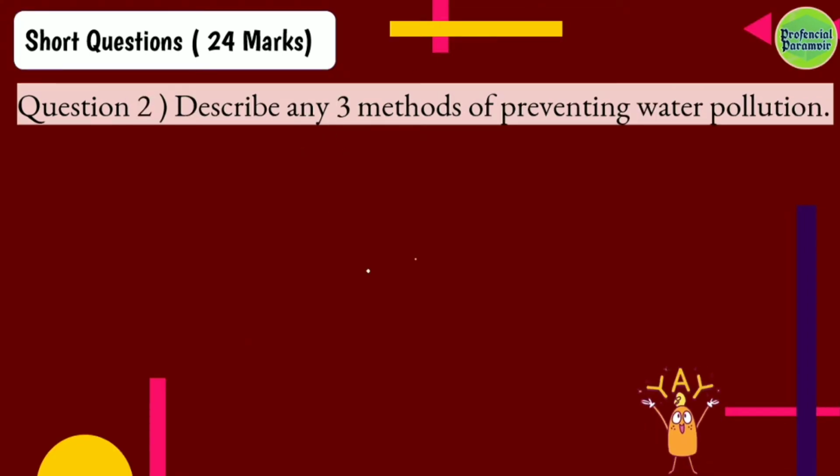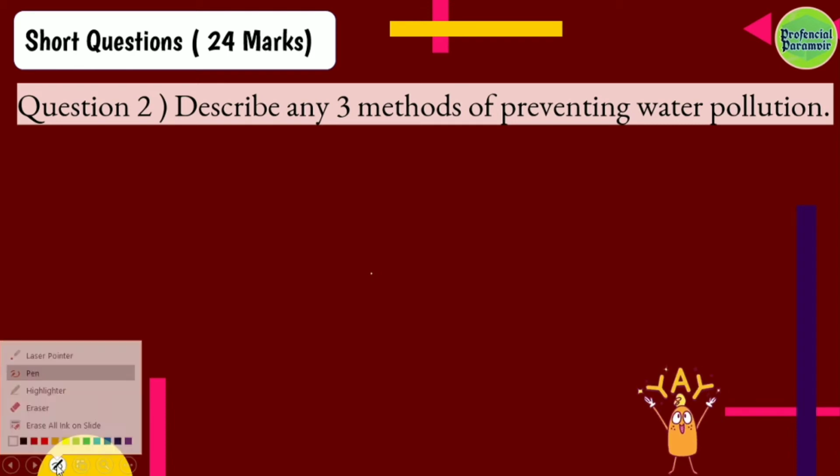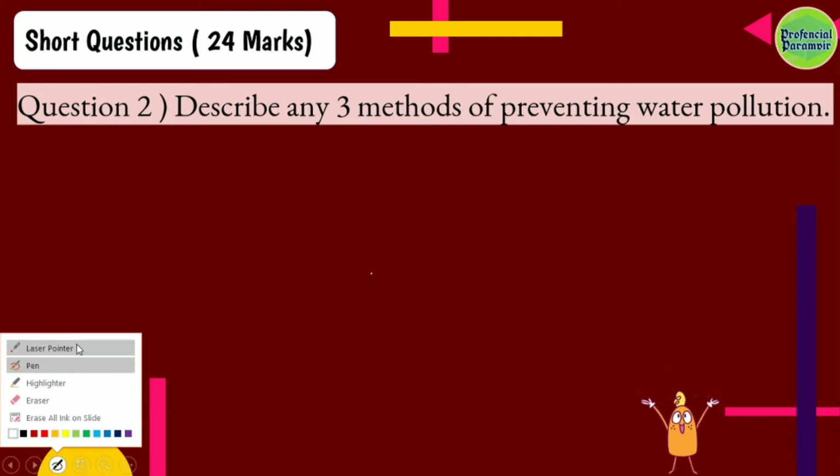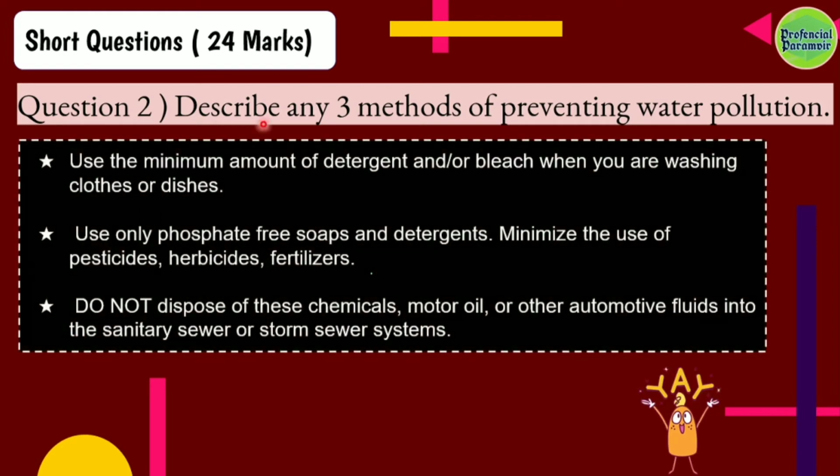Question number 2. Describe any 3 methods of preventing water pollution. Use the minimum amount of detergent or bleach when you are washing clothes or dishes. Use only phosphate-free soaps and detergents.